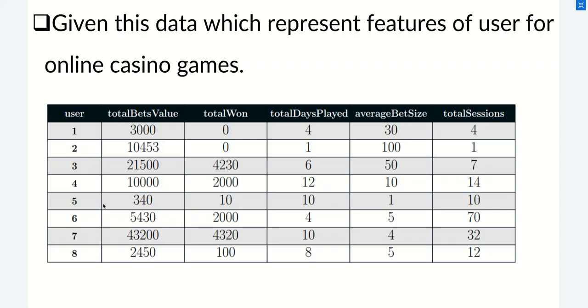So let's look at this data. Given this data, which represents features of users for online casino games, so betting guys, I don't know whether some of you have been betting, but here we have users' total bet value, total bets of 3,000 times, he has won zero, the total days played and the average whatever.